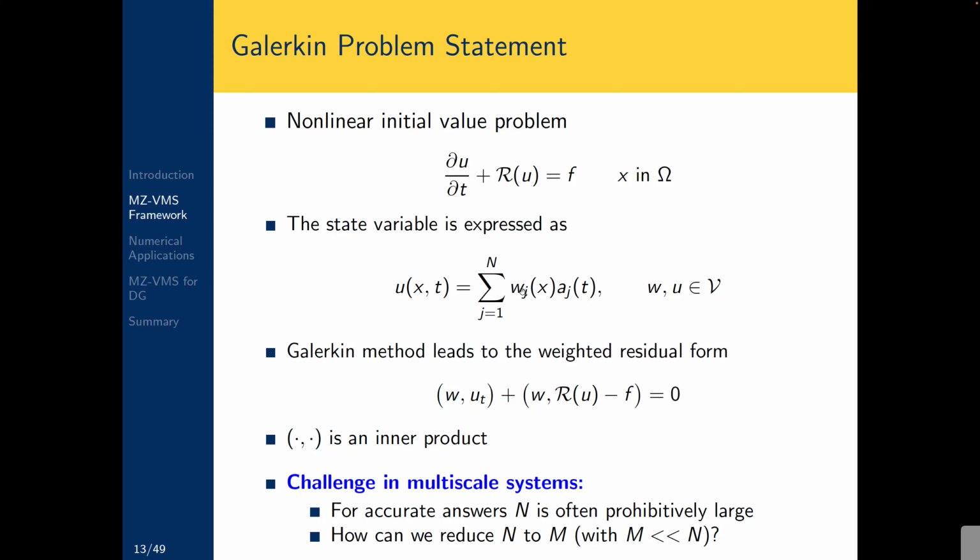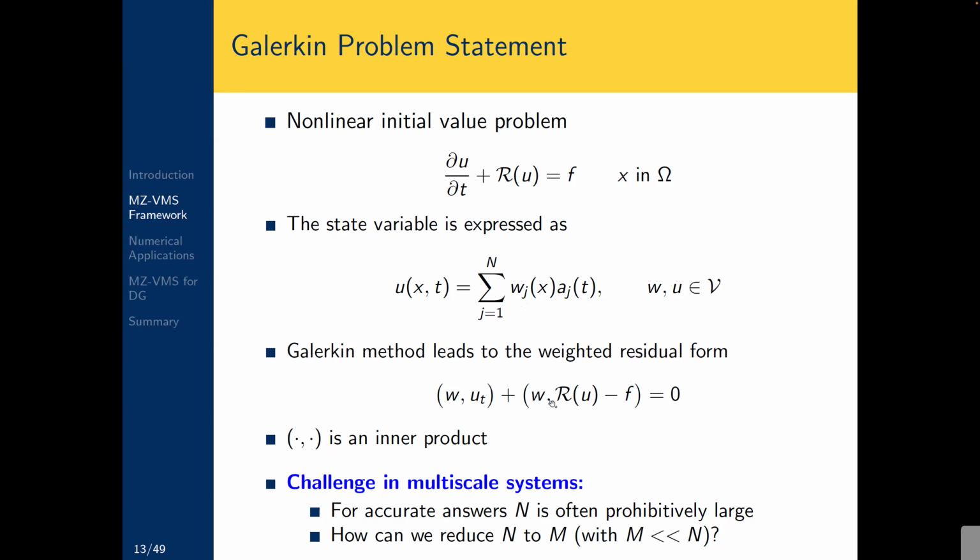And so of course, anytime you do this, the state u is going to be restricted to live within this space v. This is a standard approach. And then how you would take this and generate a discrete system to solve, for example, the Galerkin method is a very common way to do this. You basically test the governing equations with each trial function w, and that gives you this weighted residual form where you have the inner product between the basis function and the time derivative of u, plus the weak form of your residual operator.